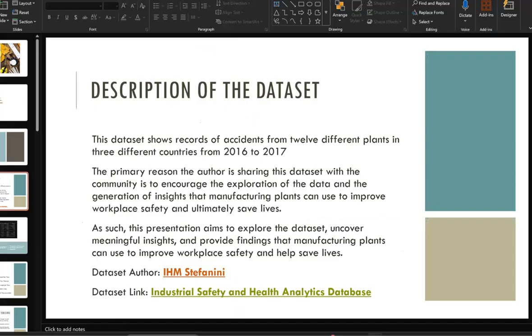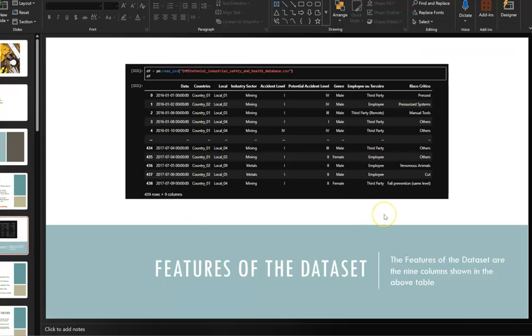Okay, so let's go back to the slideshows, and let's move on to the description of the dataset. So here is what the dataset looks like, and as you can see, we have the features shown in the 9 columns. So the first is the date, which tells you when this incident took place.